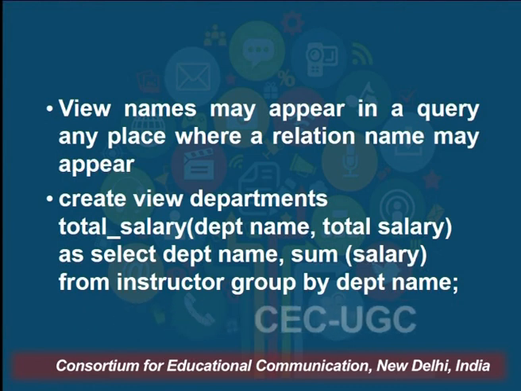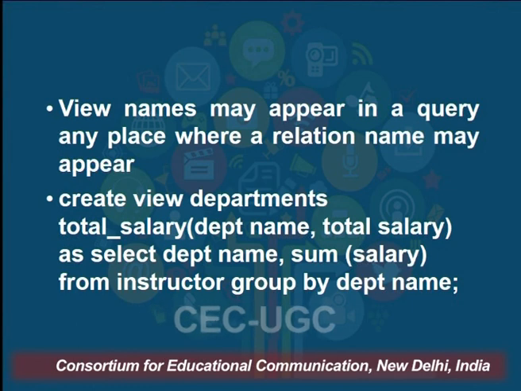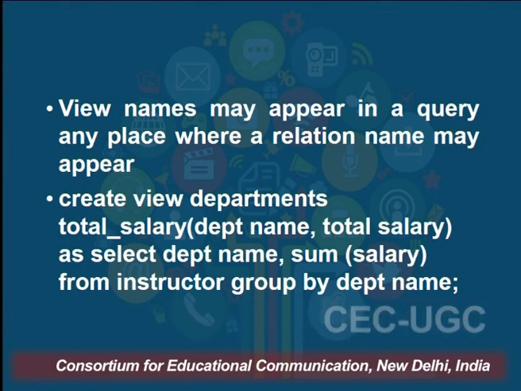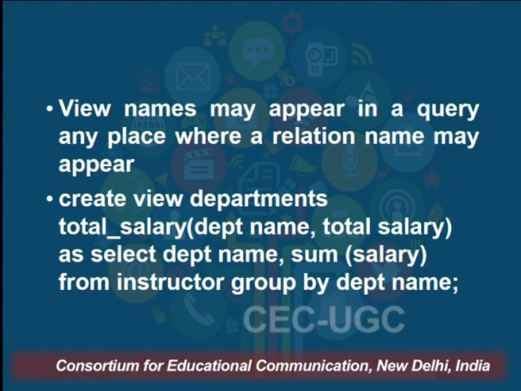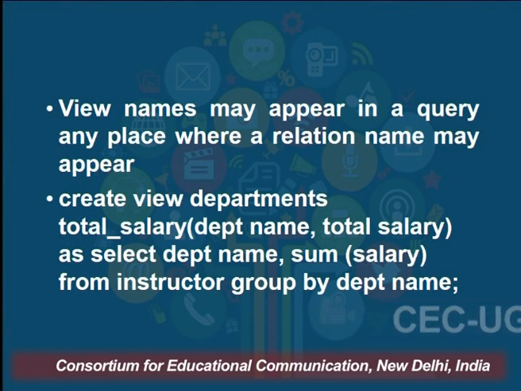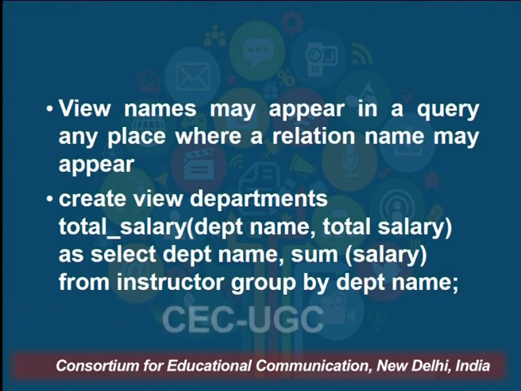Here, what are we going to do in this view? We want to see which department is being paid how much total salary, along with the department name corresponding to that salary. That means the sum of the salary of all the instructors in a particular department will be shown corresponding to the department name.